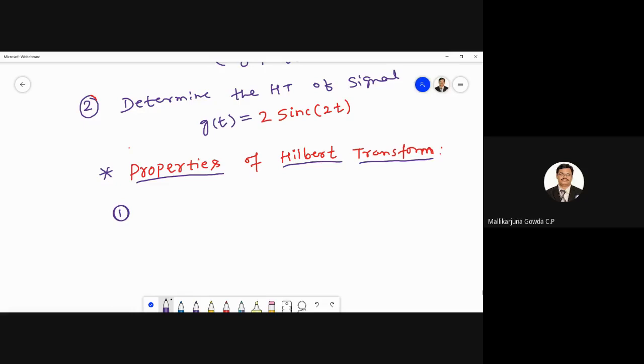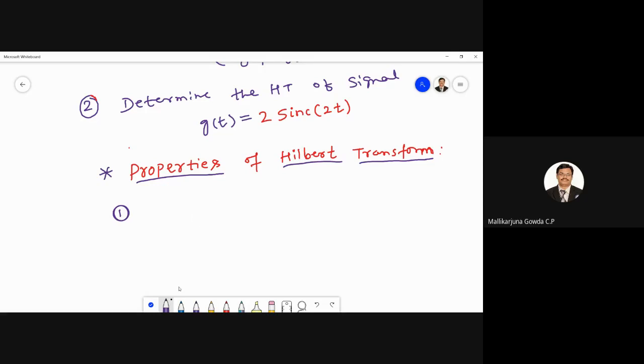I repeat once again, a signal g of t and its Hilbert transform g cap of t have the same magnitude spectrum. Means what? The magnitude spectrum of g of t and its Hilbert transform will be the same.